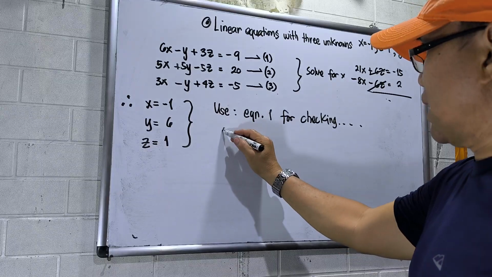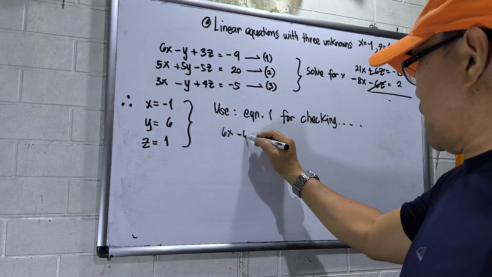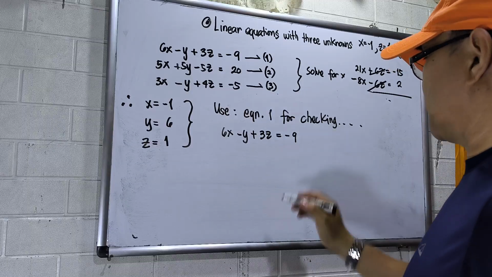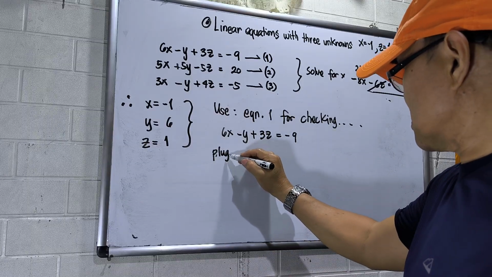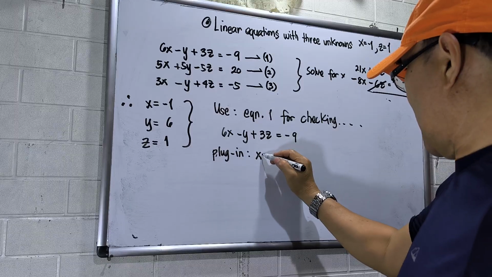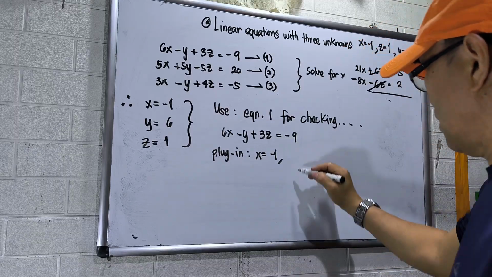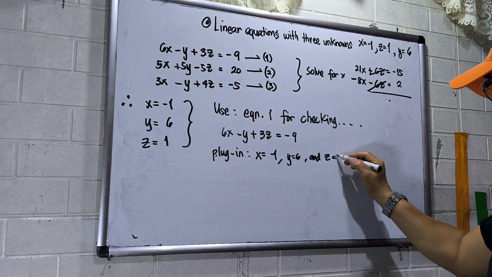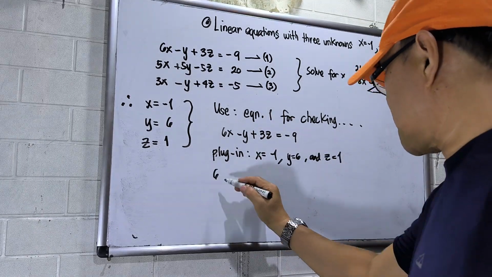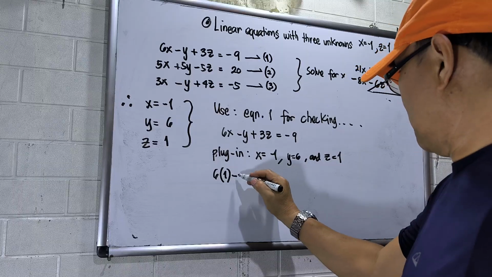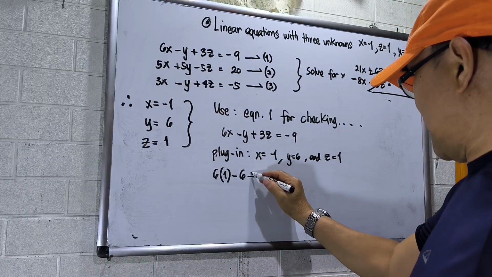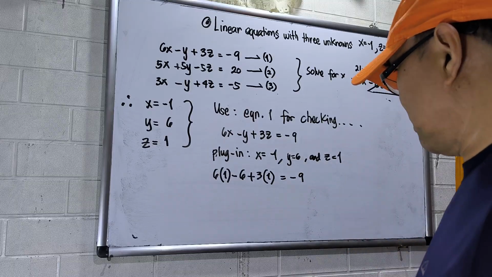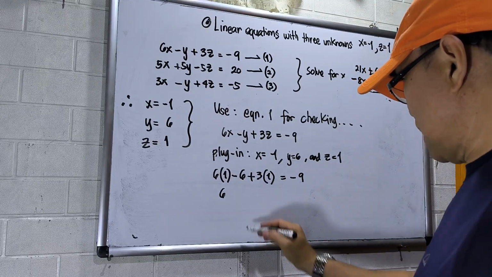Okay, equation 1 is 6x minus y plus 3z is equal to negative 9. Okay, plug in x equals negative 1, y equals 6, and z equals positive 1. Okay, so 6 times 1 minus 6 plus 3z, which is 1, is equal to negative 9.